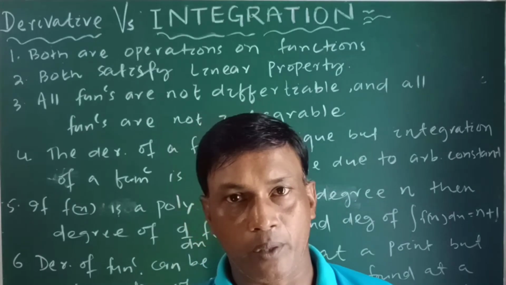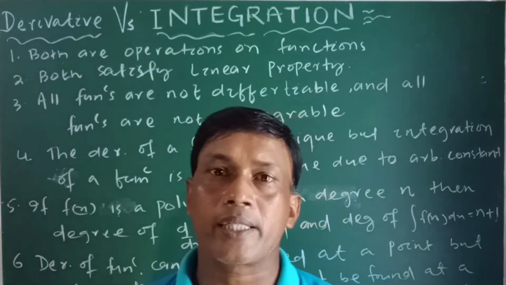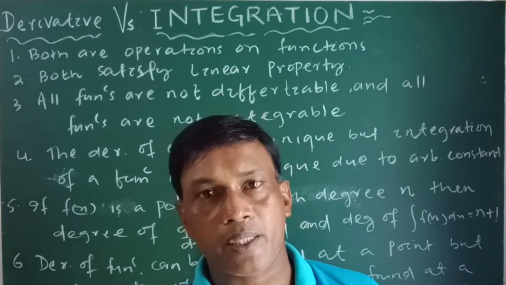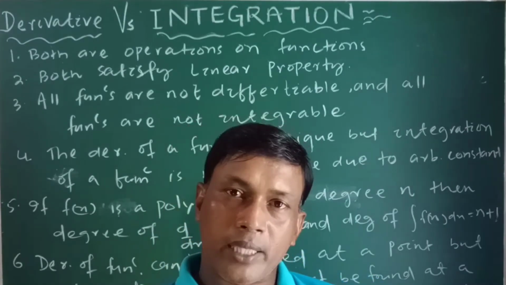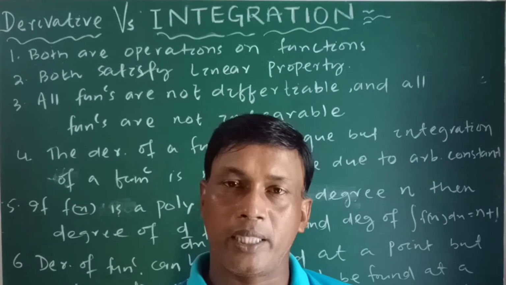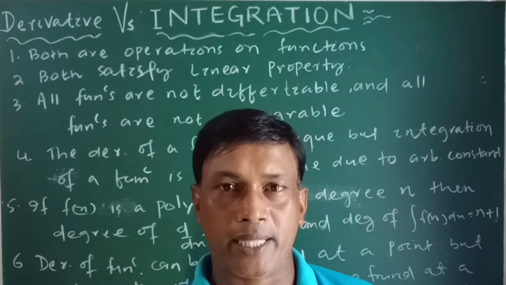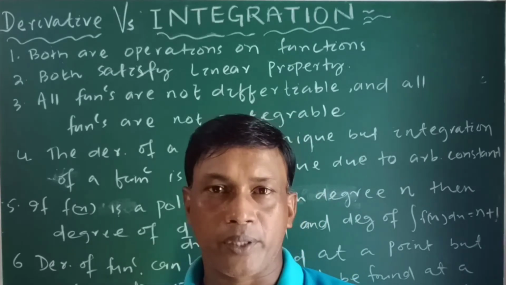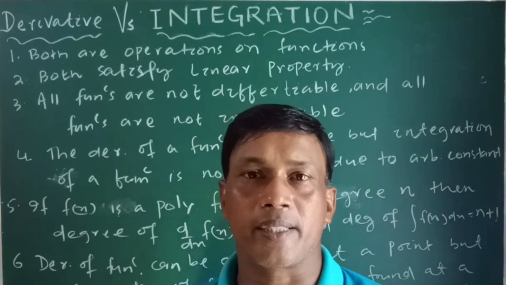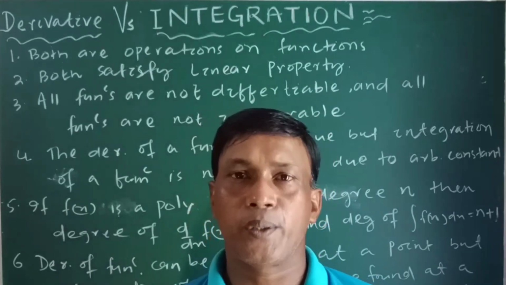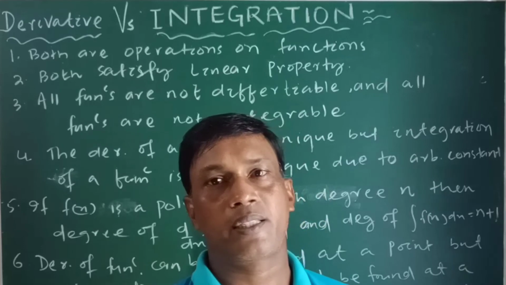But if you integrate sec square x, you will find tan x plus c, where c is an arbitrary constant. If you take c equal to 1, then tan x plus 1. If you take c equal to 2, tan x plus 2. For different values of c, you find different integrations, infinitely many. So that's why the integration of a function is not unique.